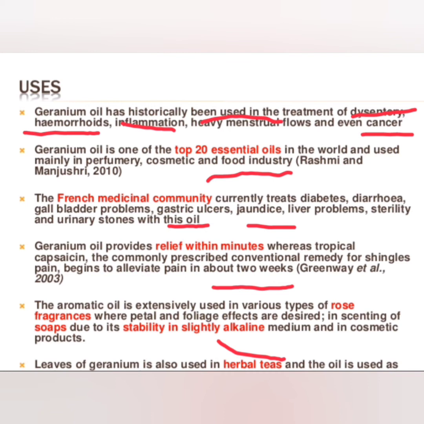And the chief constituent of the oil, here it is not mentioned, but I'm just telling you this. Just remember that the chief constituent of the geranium oil are geraniol and citronellol. Just like in mint it is menthol, and in lemongrass it is citral, remember.